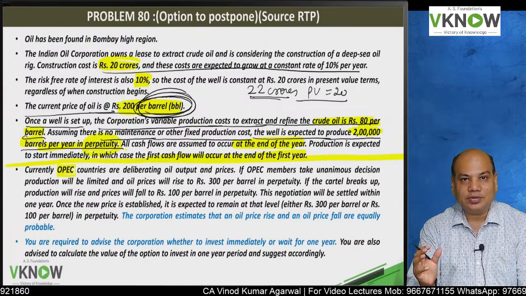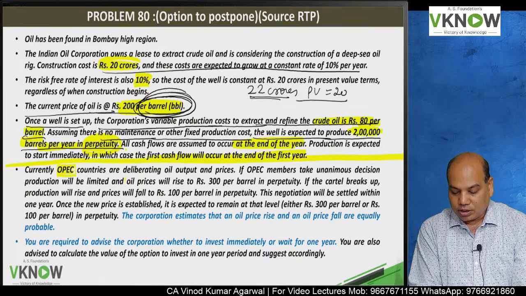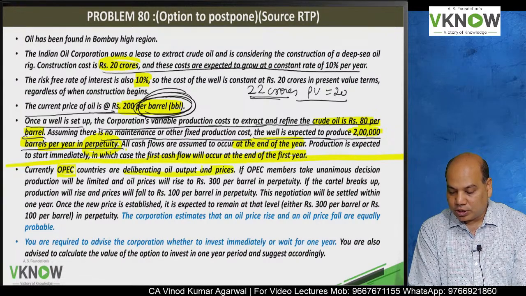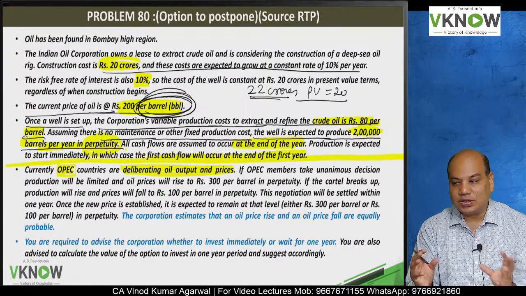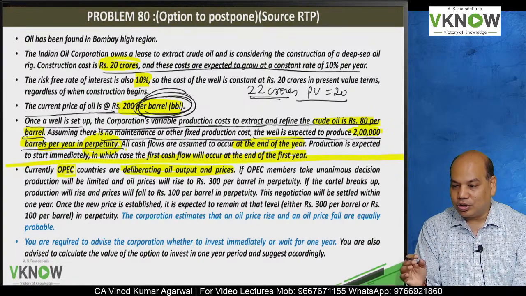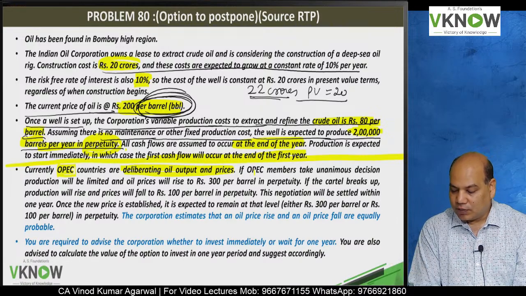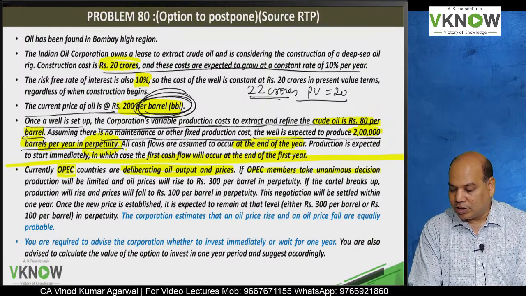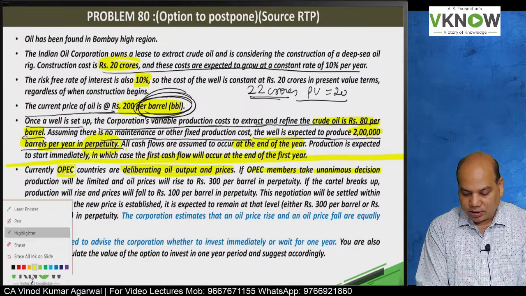It's a cartel of oil producing companies that are deliberating oil output and prices. Deliberating means they are negotiating, discussing. There is a meeting going on between these OPEC countries. If OPEC members take a unanimous decision, production will be limited.